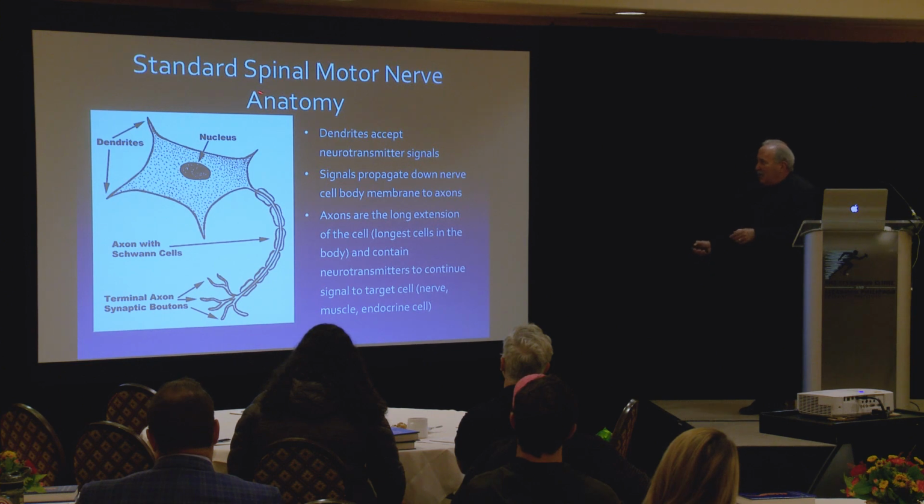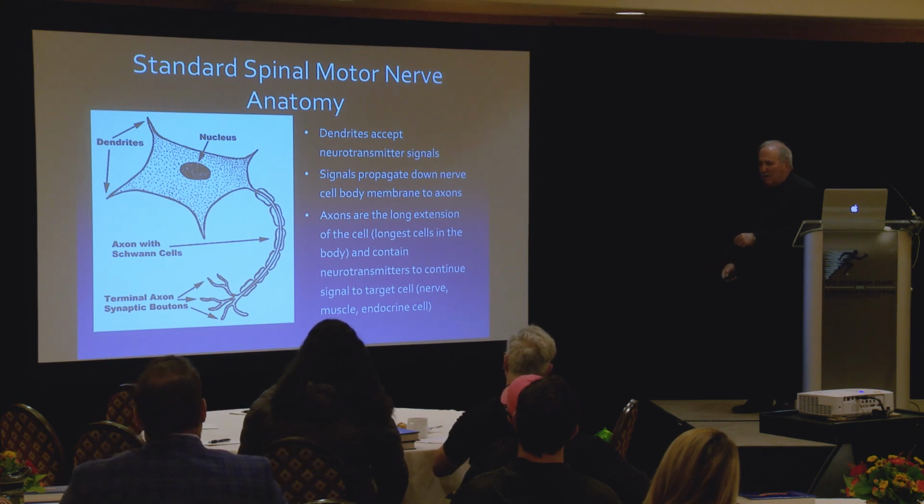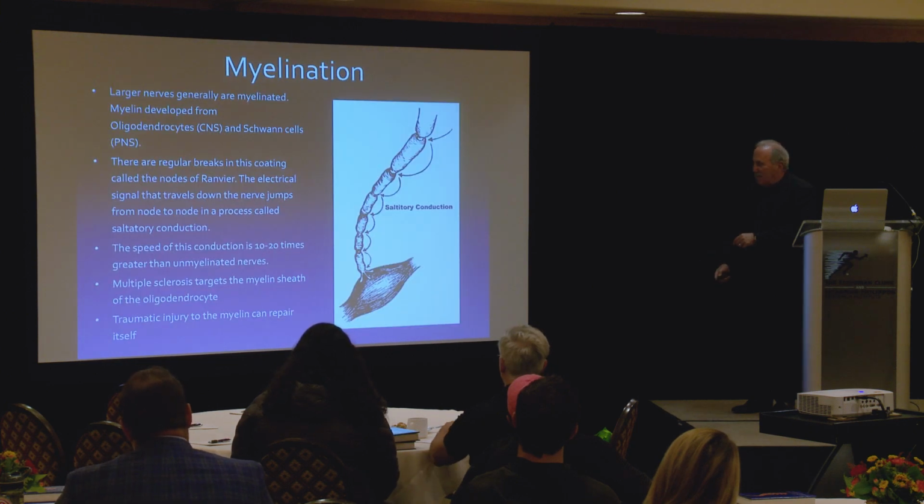So, spinal motor nerve anatomy. Everybody knows this from physiology in high school and college. The dendrites accept the signal. It's transmitted down the axon to the terminal boutons, where you have some kind of neurotransmitter that transmits the signal to the next nerve.